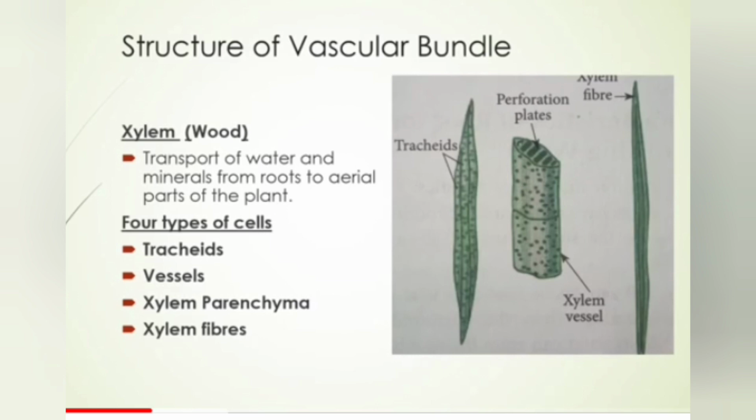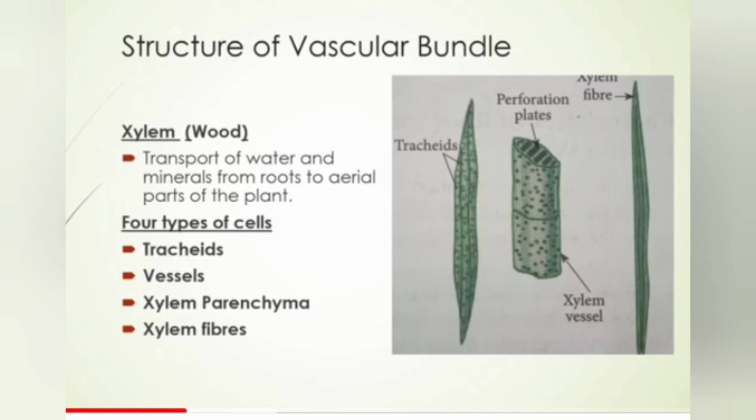It is composed of four types of cells: tracheids, vessels, xylem parenchyma, and xylem fibers. It is a vascular and mechanical tissue. Xylem cells are thick-walled. Xylem consists of four types of cells, also called xylem elements.